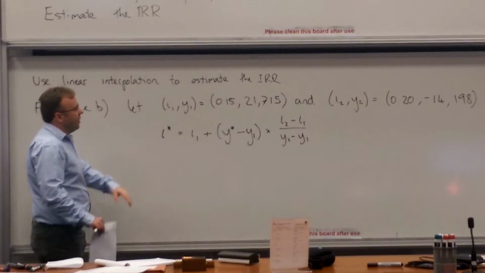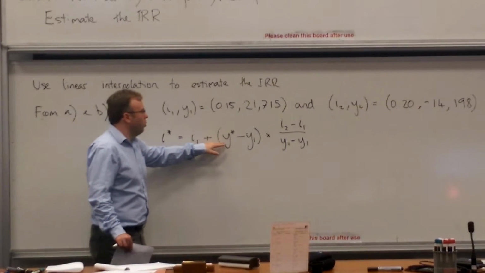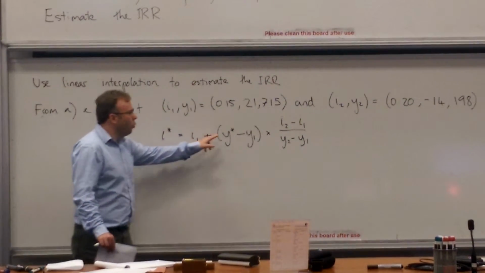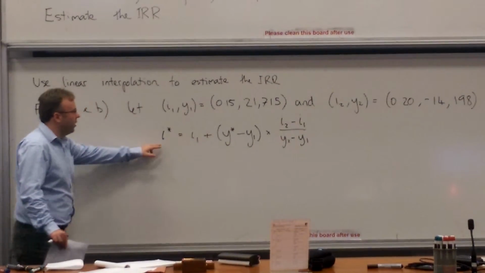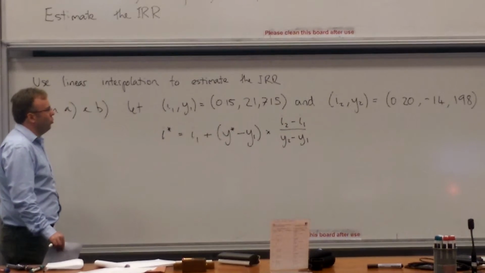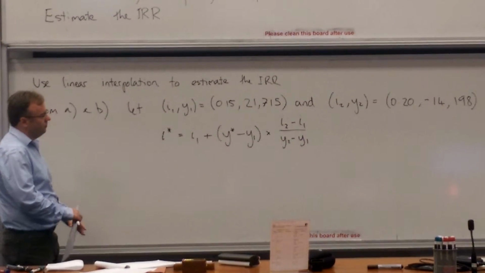If we are interested in another pair, an interest rate of i star and the corresponding net present value y star, by setting y star to 0, we can come out with an estimate of i star, which will be close to the internal rate of return.